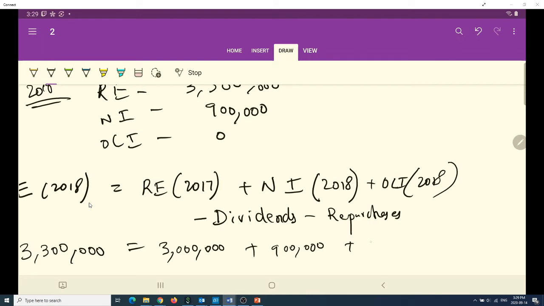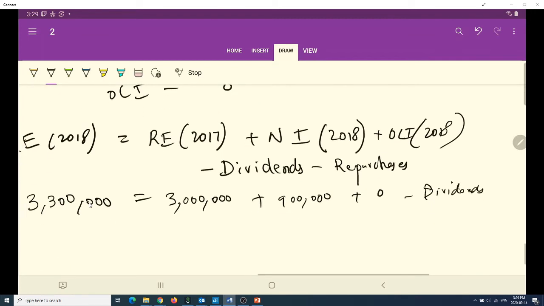But the comprehensive income was 0, minus dividends. And repurchases were zero. So from this, the dividends for 2018 would be 600,000.